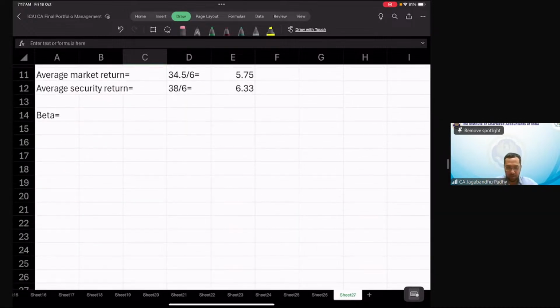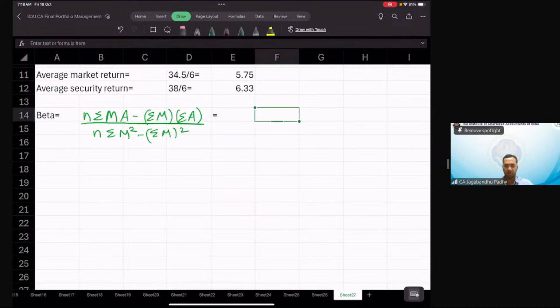Beta will be computed as n summation ma, minus summation of market return into summation of a, the whole divided by n summation market return square minus summation m the whole square. So we'll be using this formula to get the beta.